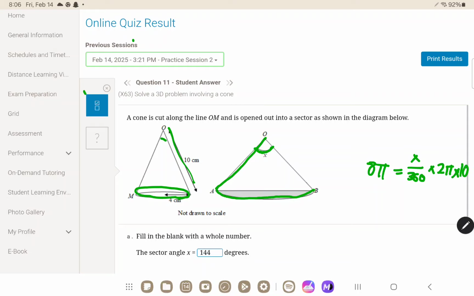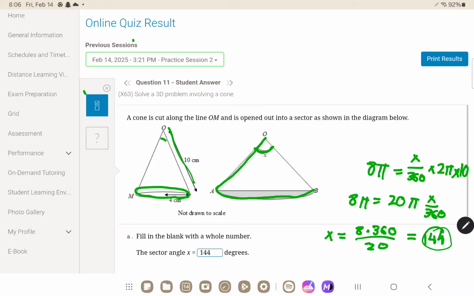So 8 pi equals 20 pi times x over 360. So x equals 8 times 360 over 20, which equals 144. So that's your answer for part A.